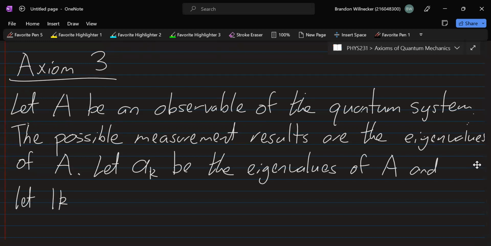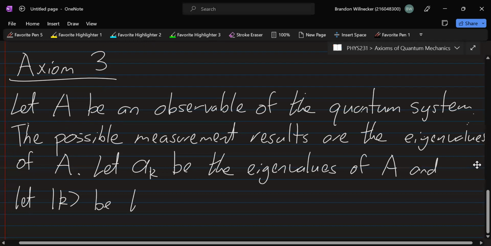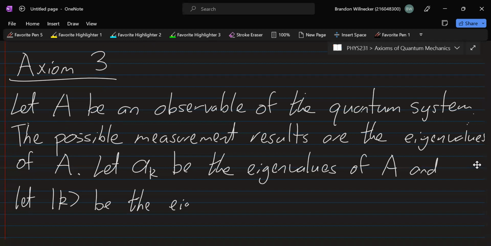And let k, this subscript, run over some indexing range to account for the different eigenvalues. Then we have the associated eigenvectors for the different k values. Let |k⟩ be the corresponding eigenvector.